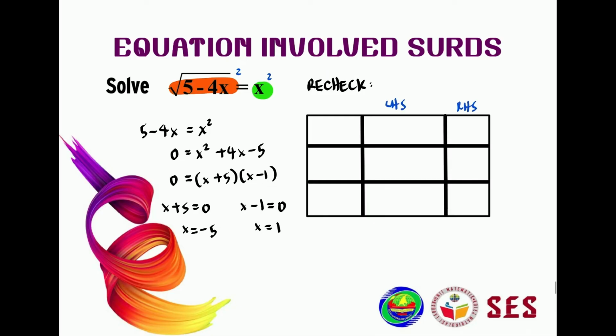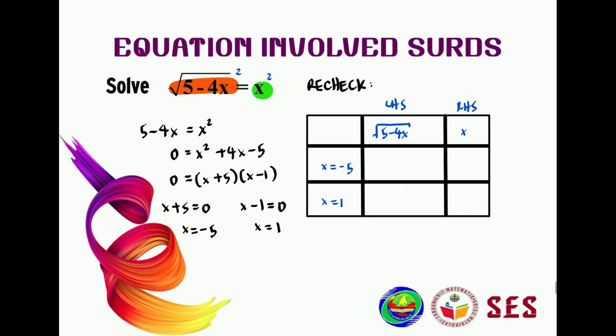In the original equation, on our left side, we have square root of 5 minus 4x. And in our right side, we have just x. And for this column, we're going to put the values of x. So we have x equals minus 5 and x equals 1. For all this, we're going to substitute the values of x. So let's fill that in.